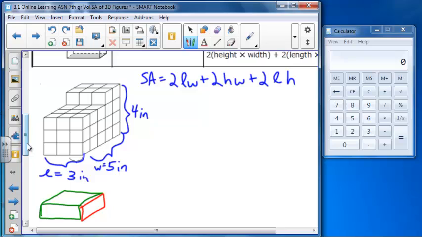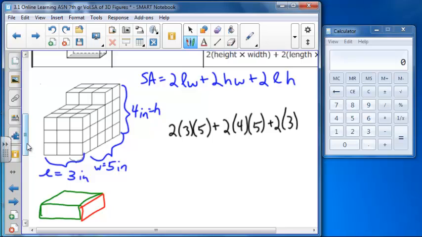That's the width, and this is our height. The length is 3, the width is 5, the height is 4, the width is 5, the length is 3, and the height is 4.